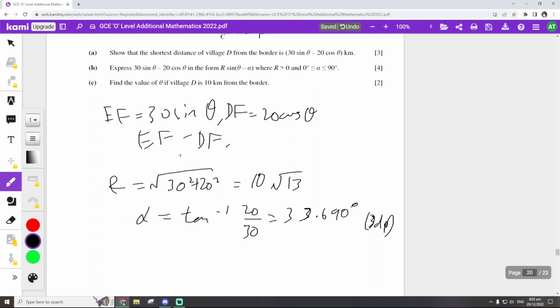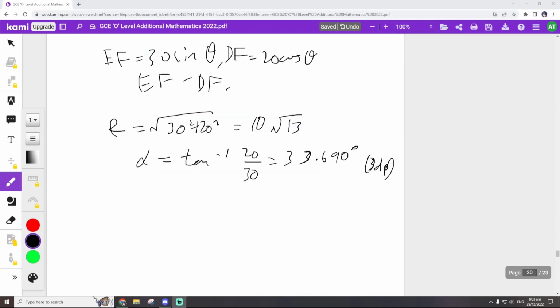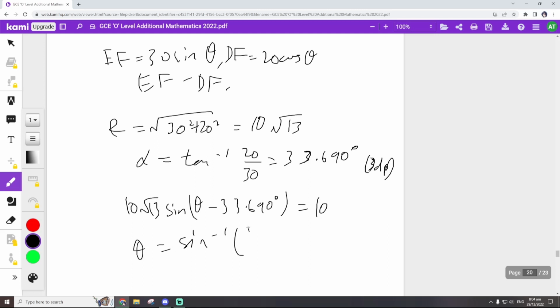Find the value of theta. Village D is 10 km from the border. So this is just solving 10 root 13 sine of theta minus 33.690 degrees equals 10. So theta is sine inverse of 1 over root 13 plus 33.690 degrees.